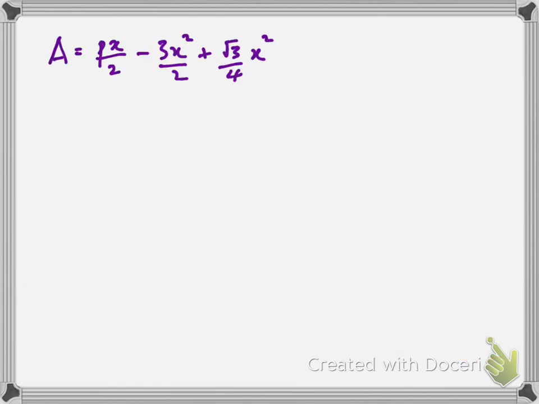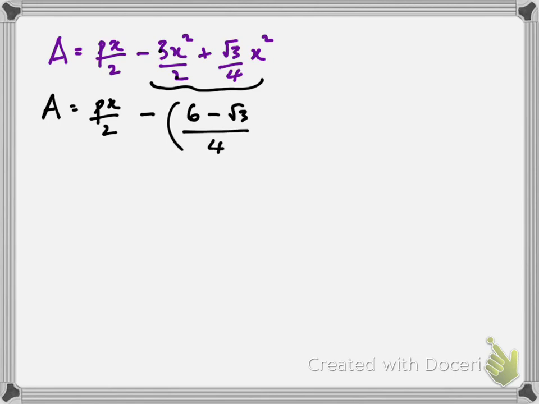Alright, so the next thing you have to do is see if we can factorize this. So area equals px over 2, if you double these two, you end up with 6 over 4, and then you have minus 6 minus root 3 over 4 x squared.